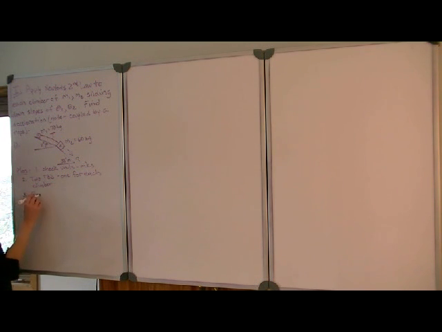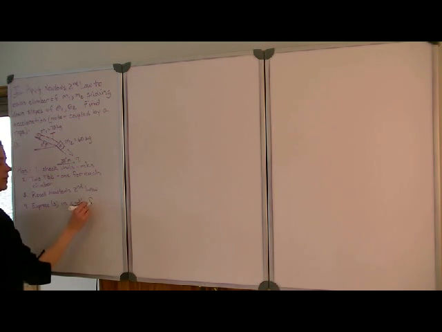Then we want to recall Newton's second law in equation form. Then we want to express Newton's second law in the direction of sliding down the mountain, which, as you'll see, we will call the x direction, again, for each climber.